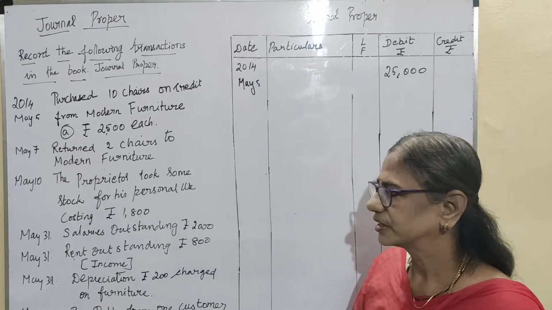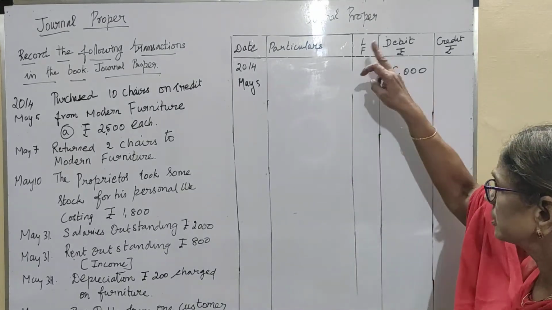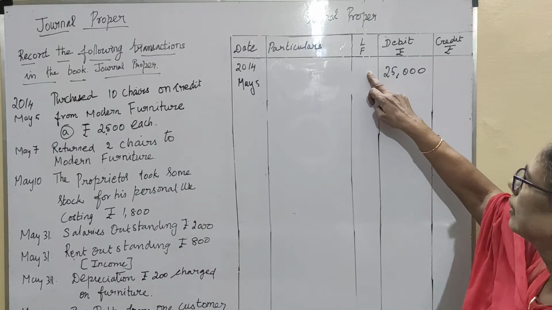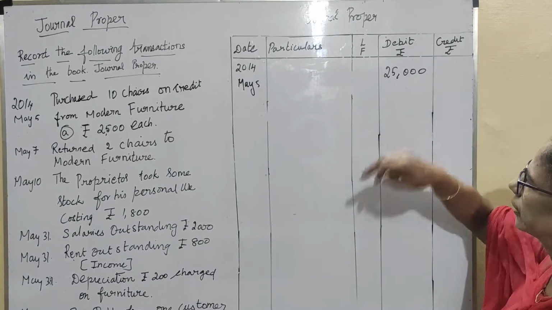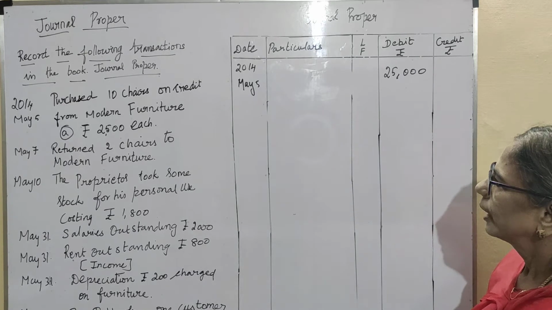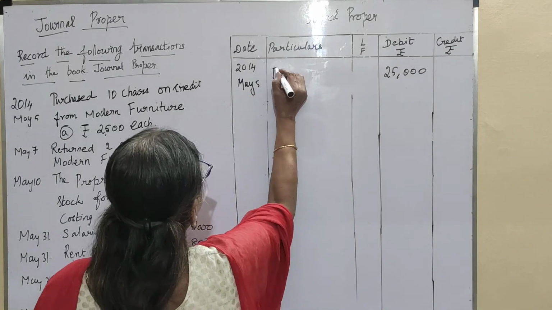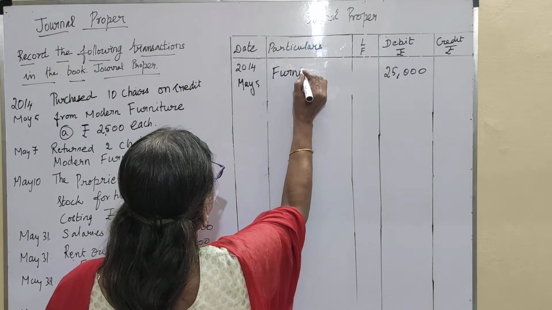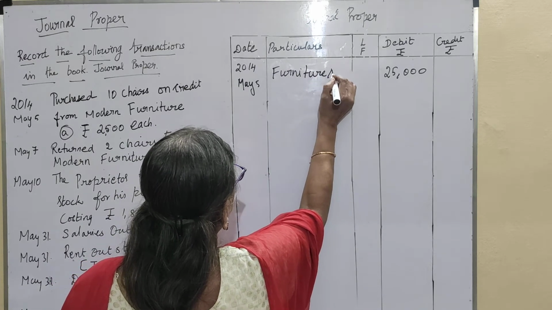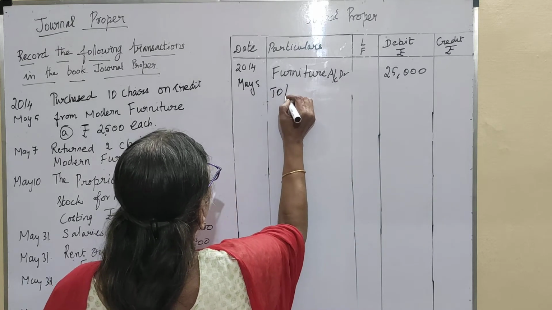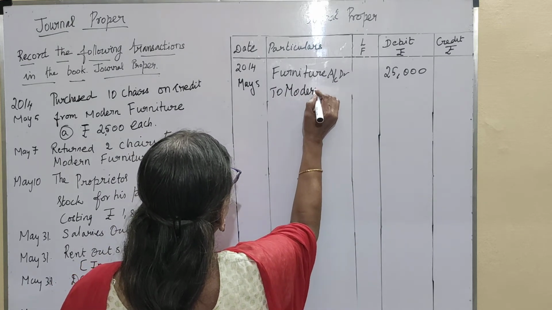Now let us pass the journal entries. Journal proper: date column, particulars column, ledger folio column, debit column, credit column. 2014 May 5th. Furniture account is debited to Modern Furniture's account.